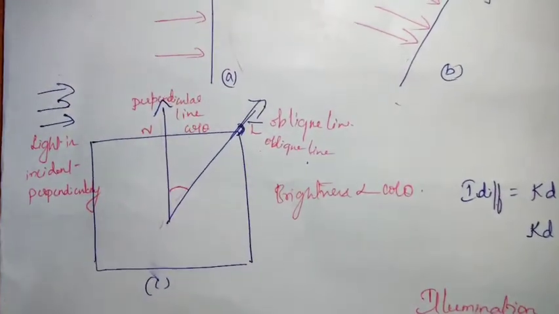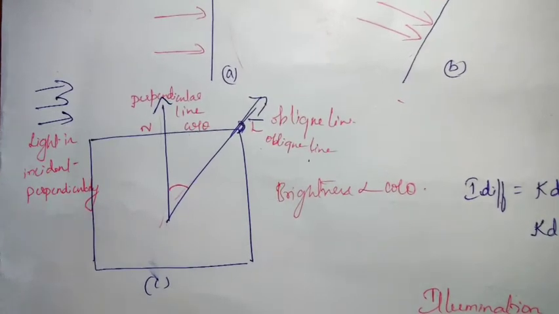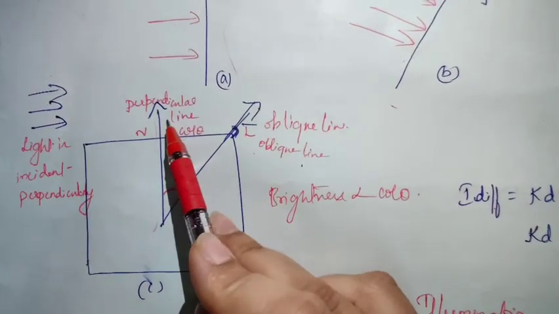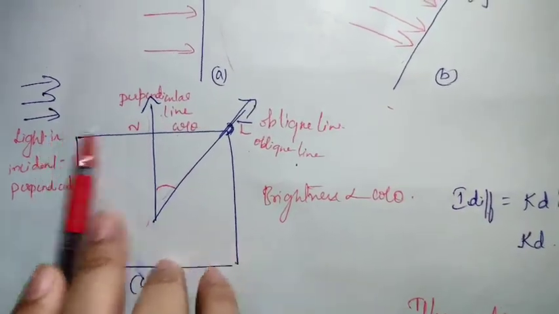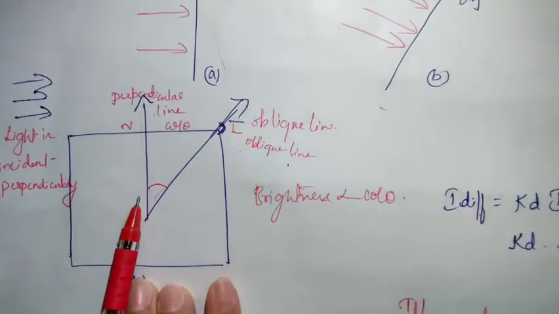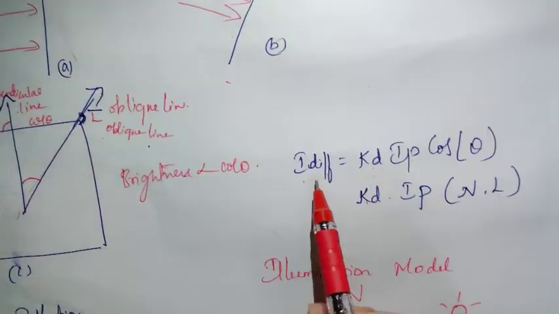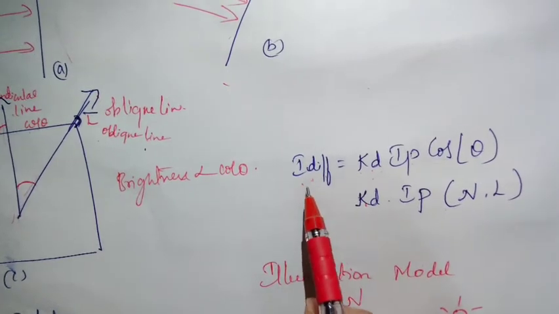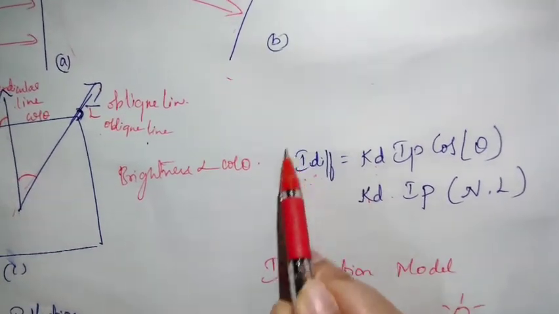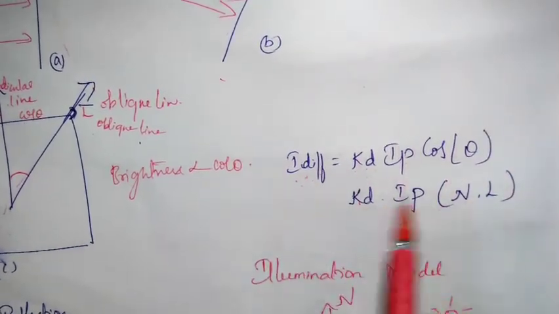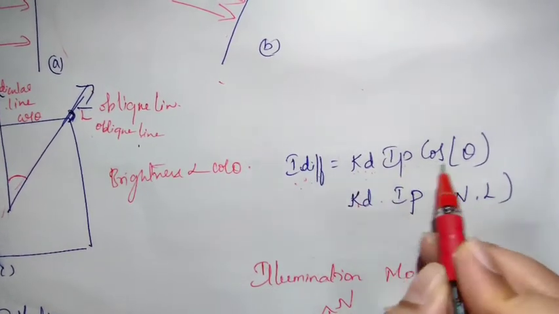This is more illuminated because light is falling directly on this object. So we can calculate the reflected intensity at a point on a surface using this formula: KD IP cos theta.